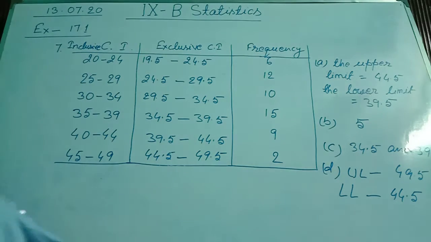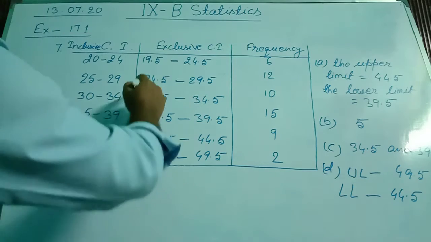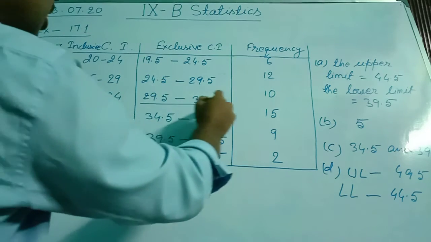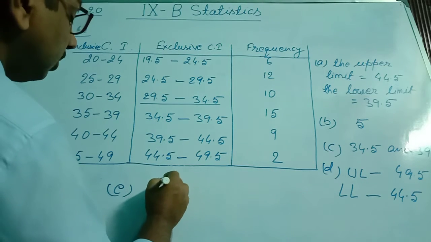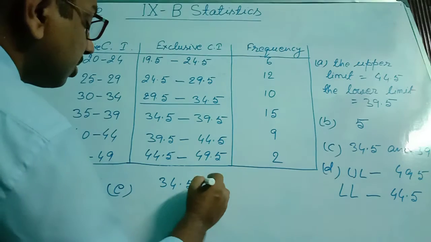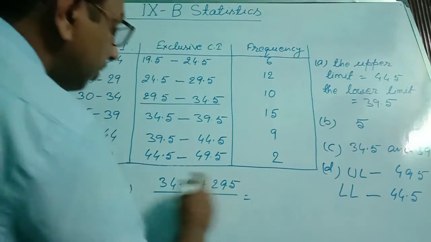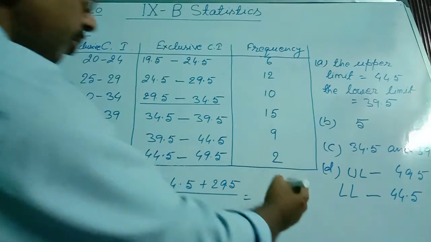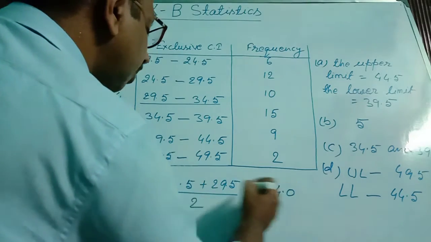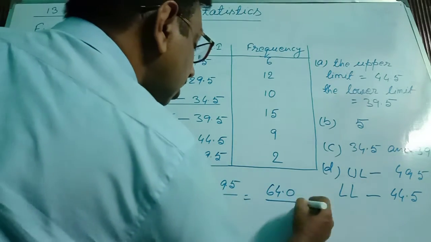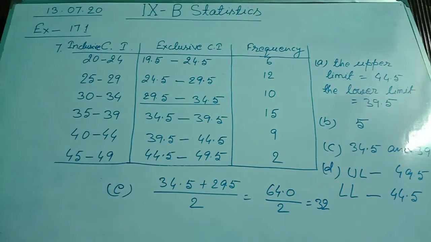Class mark of the 3rd class. 1, 2, 3. This is the 3rd class. Class mark of the 3rd class will be equal to 34.5 plus 29.5 by 2, means upper limit plus lower limit by 2. We are getting 64 by 2, that is equal to 32. These are the answers.